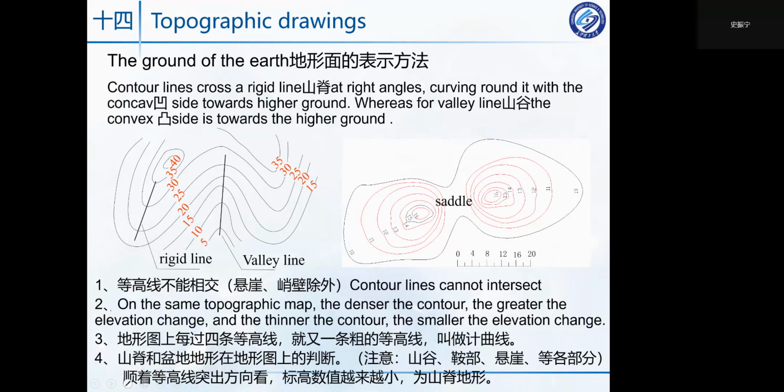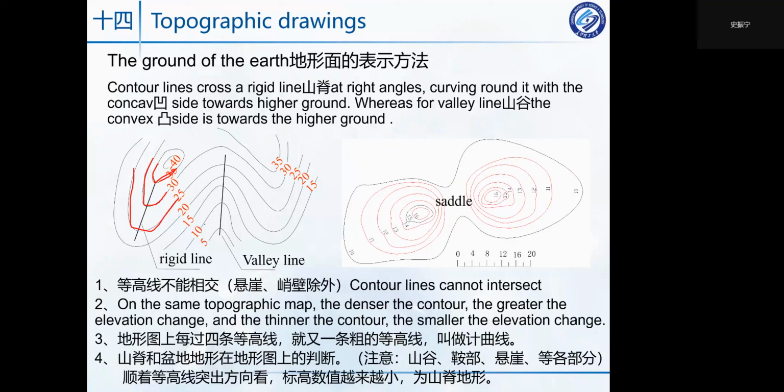You can see the shape of the contour line is like a V. If the top of the V points towards the descending direction of the elevation, it is a ridge line.